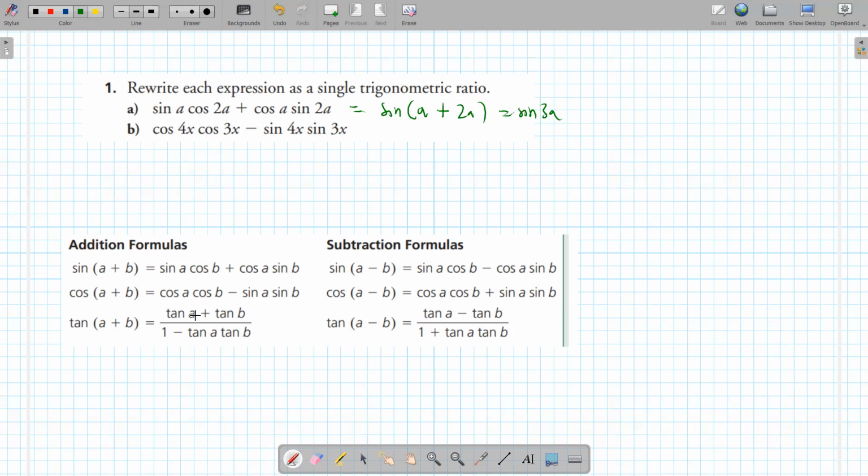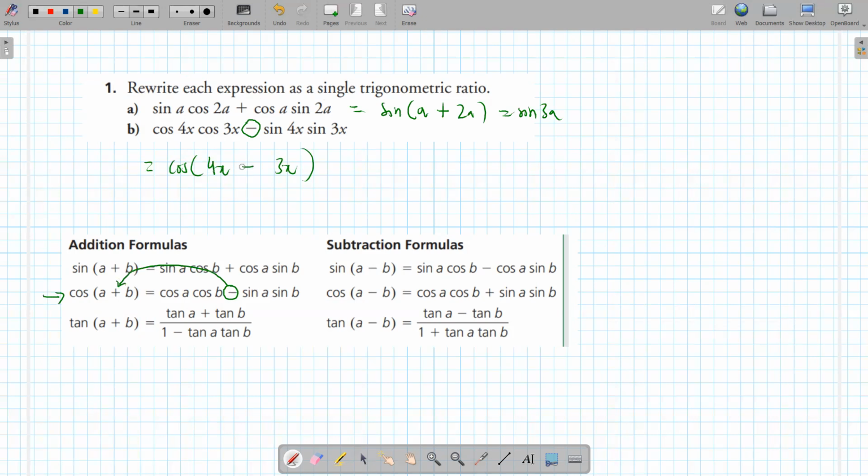It's the cosine subtraction formula, this one. So if you work backwards, what does it become? Is it going to become 4x minus 3x or 4x plus 3x? Minus. If you look at the pattern, if there's a minus here, there's going to be a plus there.